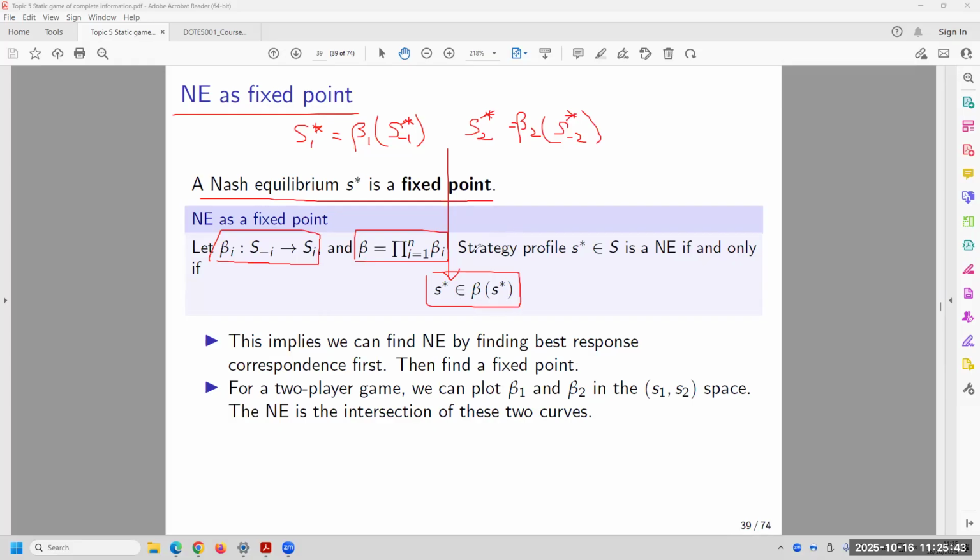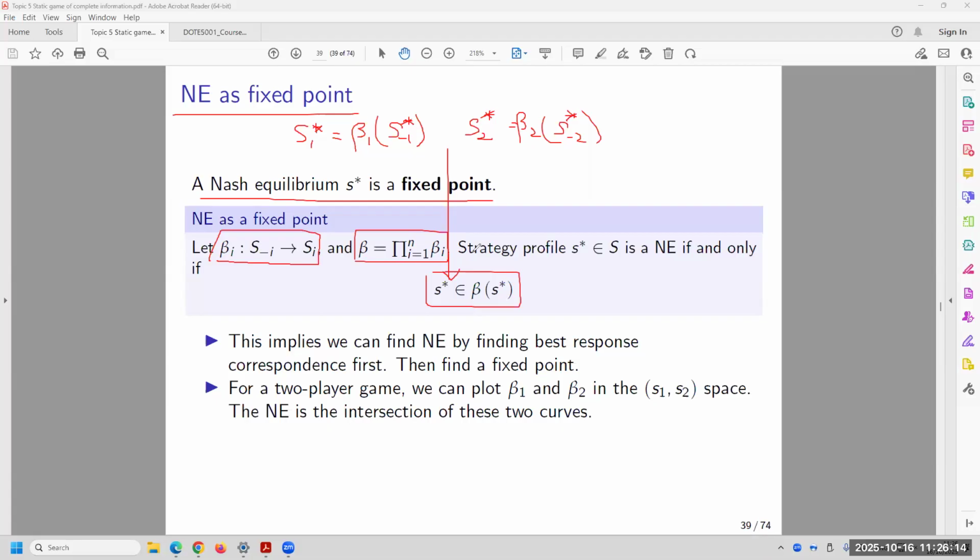That means we can graphically find Nash equilibrium by finding the intersection of the best response correspondences. You will see in the example that this lets us find Nash equilibrium under a continuous strategy space. If the space is discrete, it's easy to check everyone. But with continuous, how can you check?